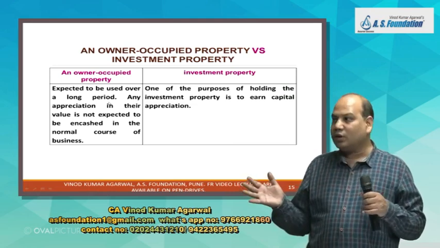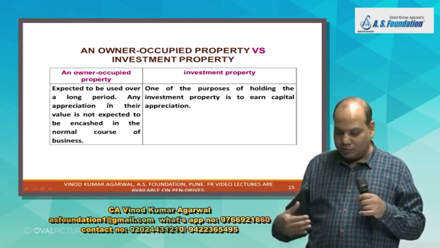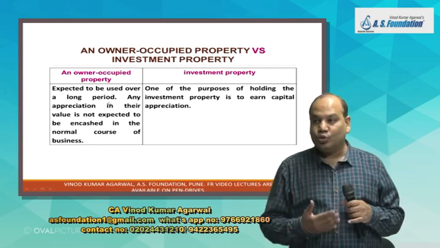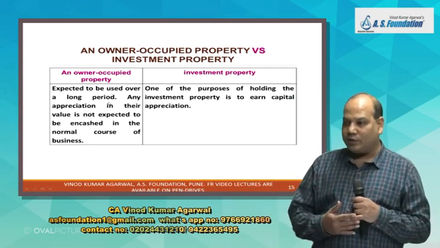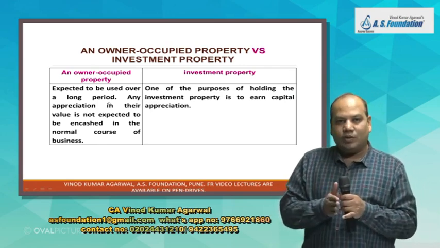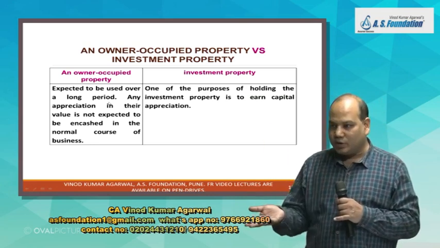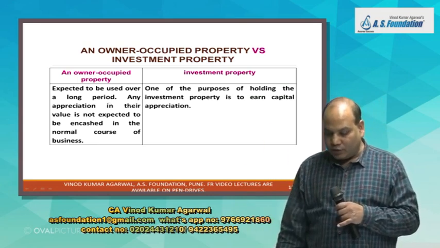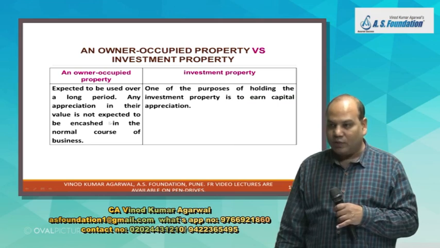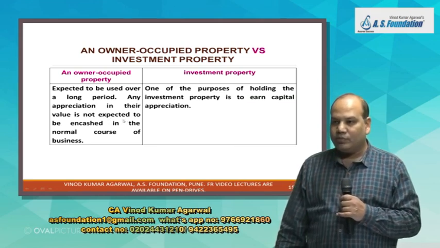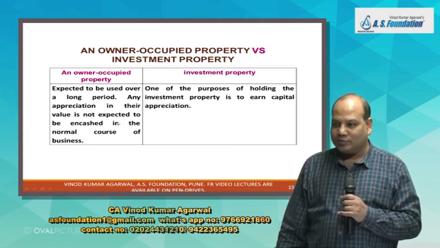So when you construct a factory building or an office building, your intention is to use it for a very long period of time, unless the situation demands you to sell it or move to another premise. So here, even though there may be some appreciation in the value of the property, you are not going to encash it. Are you going to encash it?